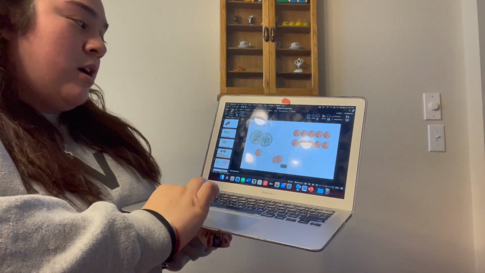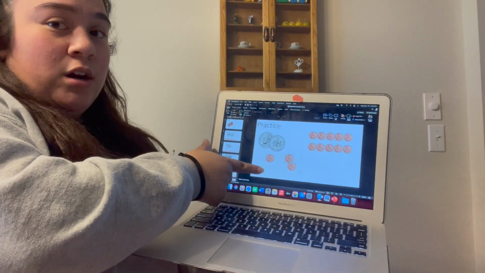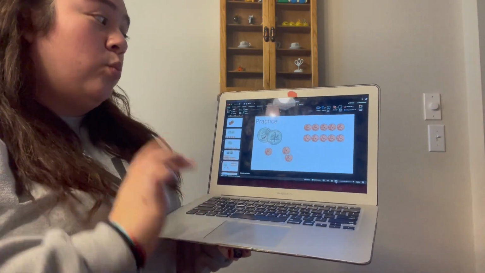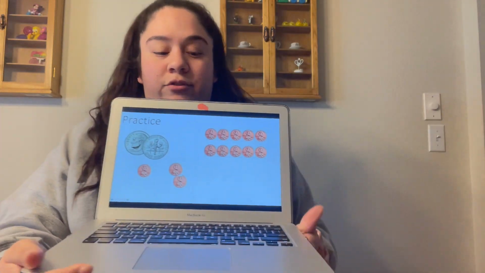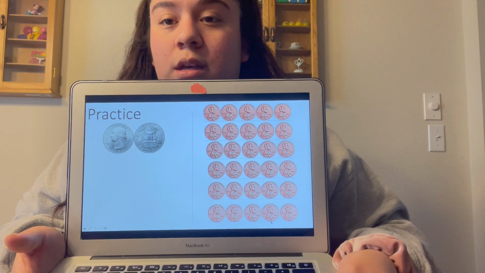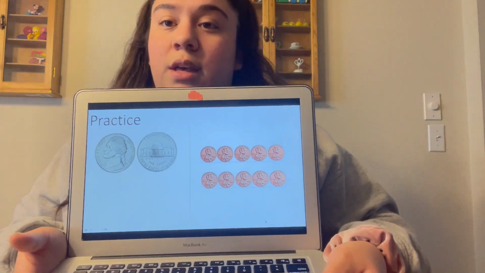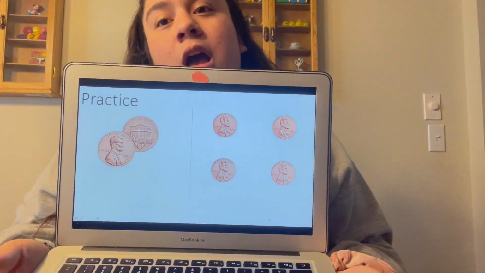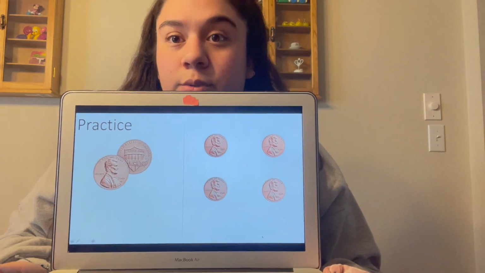They would count out 10 pennies over here, so that it would equal the 1 dime. After that, we did every other coin. We did the quarter, we did the nickel, and then I threw them for a loop, and we did a penny to figure out how many pennies were in 1 penny.